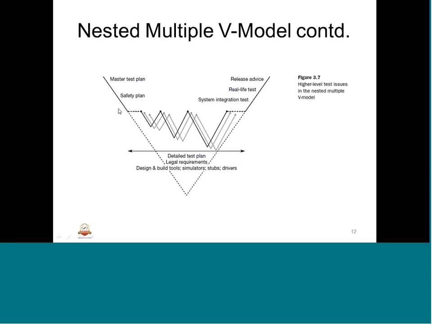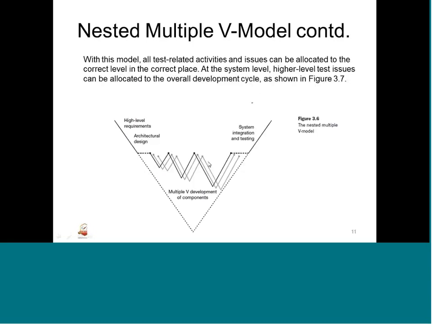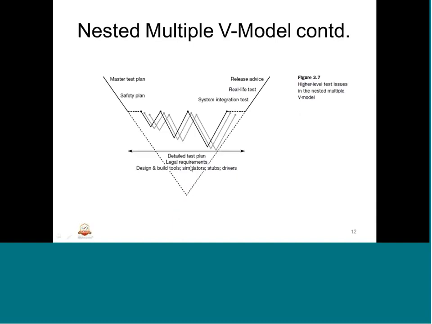So when it comes to the individual V model, this portion is taken care of in a nested manner. The same thing is depicted in a simpler way here, in this figure 3.6. The multiple V model components are put together. When it comes to high level test, the common line is drawn basically.